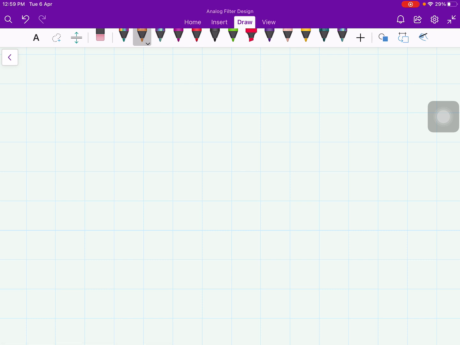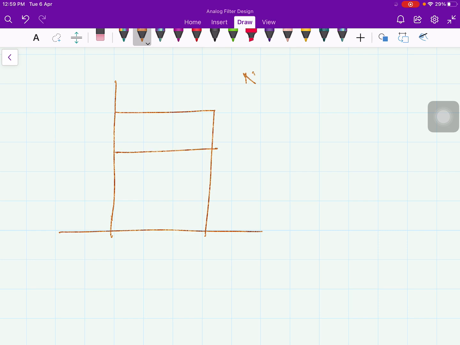Now let us consider the next order. When I say capital N equal to 3, again 3 is odd, therefore it must start from this point, and it goes like this, touches this point.